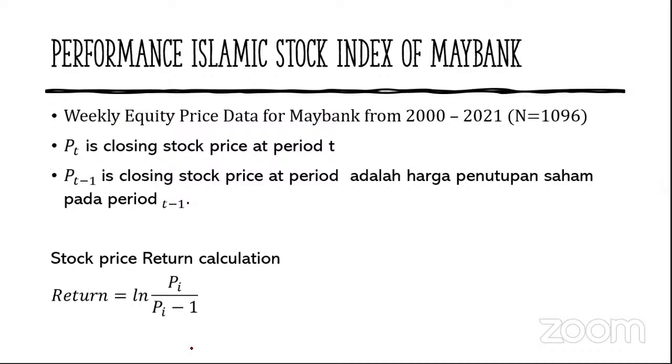I am using the weekly equity price data from Maybank, and this is the formula to calculate the return: log of the stock price divided by the lagged price. You cannot directly use your price index for the ARCH and GARCH models. You have to change it to return first, then you can make the calculation.